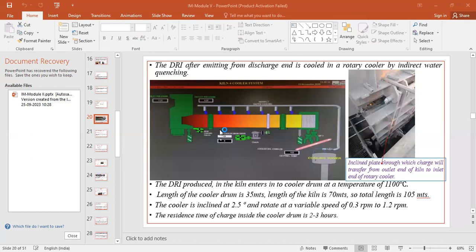which has a length of approximately 35 meters. It rotates at a variable speed of 0.3 to 1.2 RPM, and it is inclined at almost 2.5 degrees.